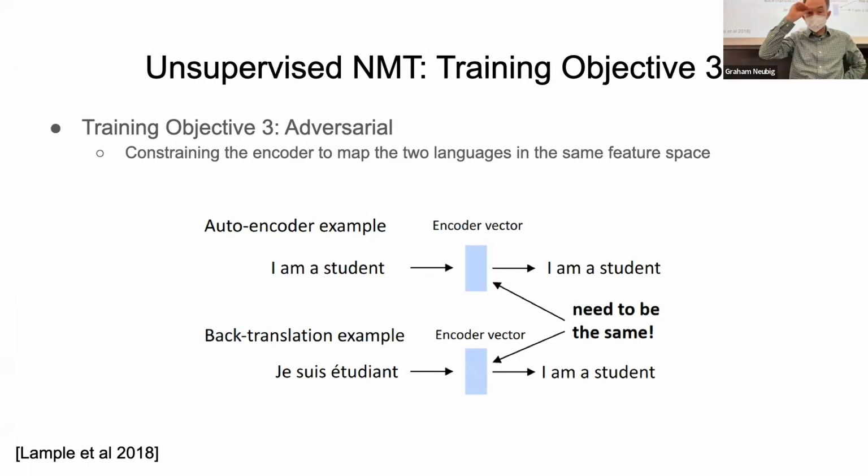You have an autoencoder example or a back translation example, and you apply an adversarial objective to try to force these two phrases together. This is similar to what they use in unsupervised word translation, where you try to get these encoder vectors to be so similar that you fool the model and it's not able to distinguish between them.